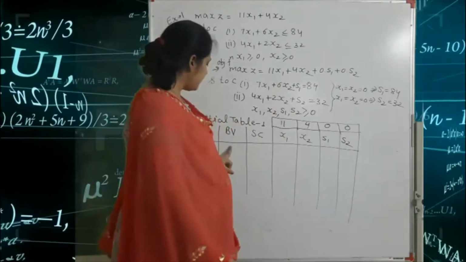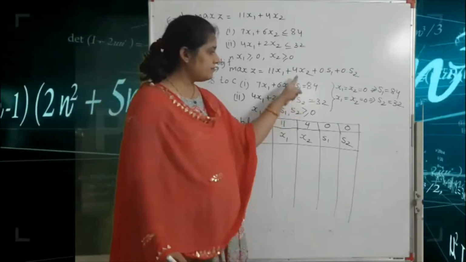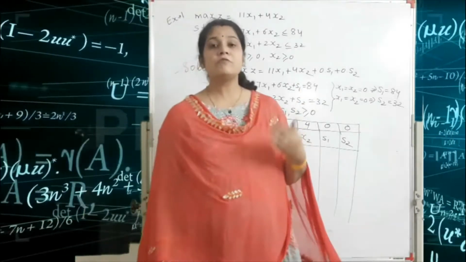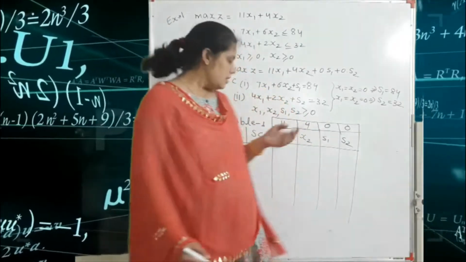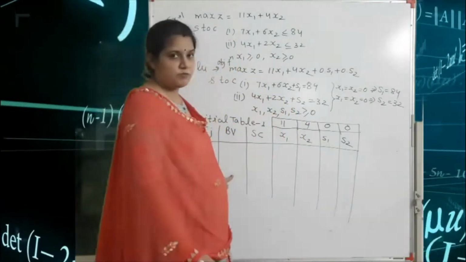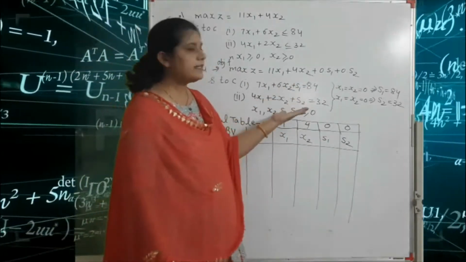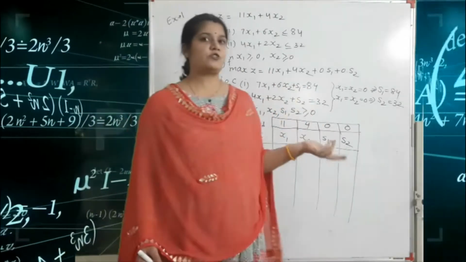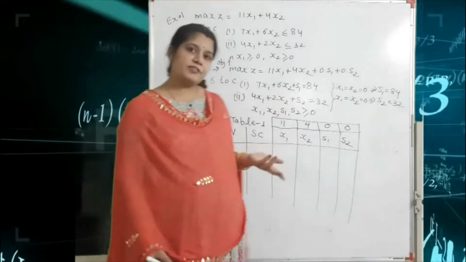Okay, so here in the basic variable, we write this type of basic variable. That means if we use the slack variable, surplus variable or artificial variable, you write it in this form. But here the sequence is not right, because, for example, first we write S2 and after that S1.